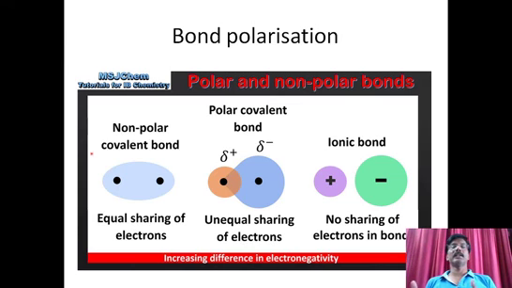And if you take two different atoms with a large difference in electronegativity, for example HCl, then in that HCl, H gets a total positive charge because it loses its electron, and chlorine, being more electronegative in nature, totally pulls the electrons towards it, and chlorine becomes Cl minus ion and H becomes H plus ion. Therefore, that is called an ionic bond.